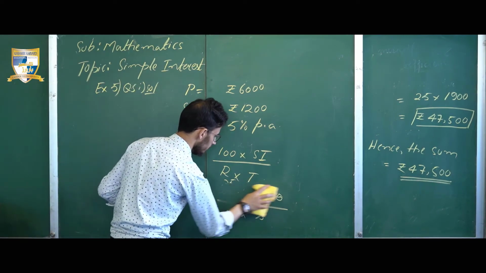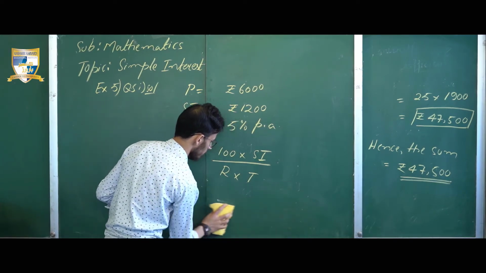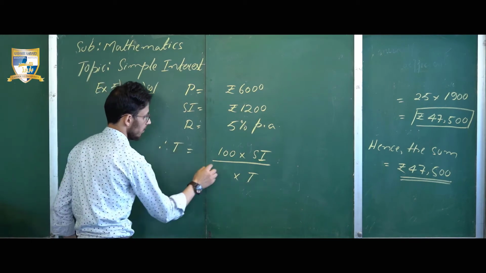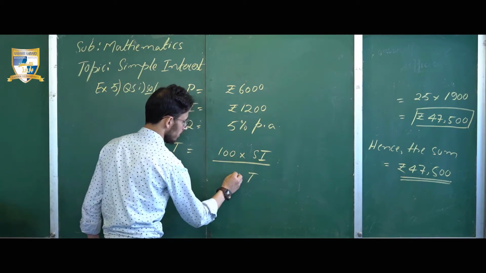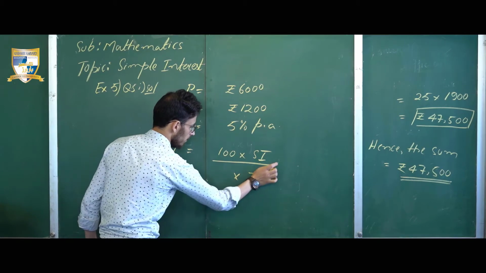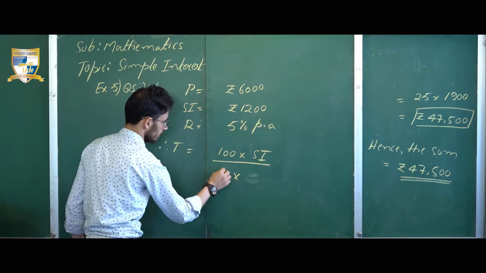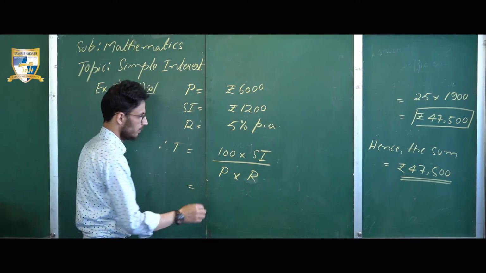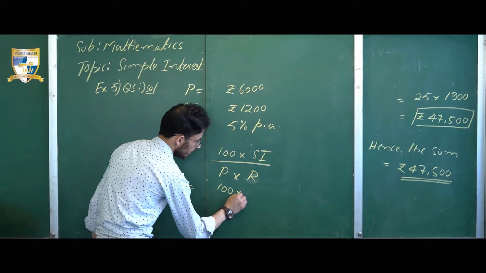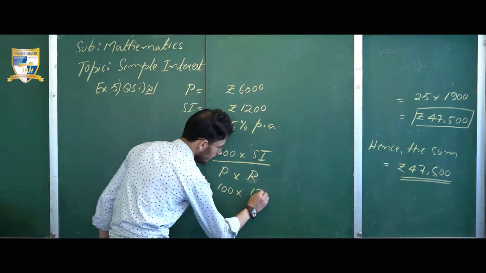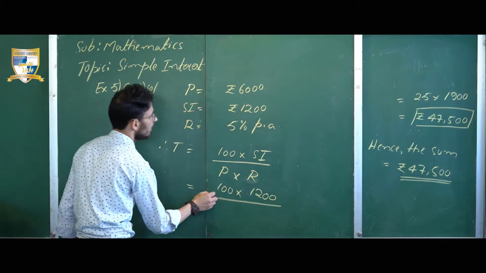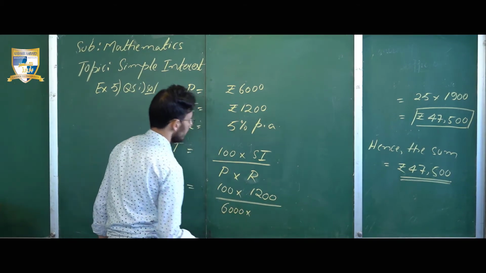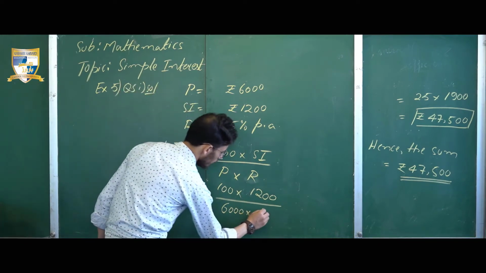To calculate time, our formula will be: time is equivalent to 100 multiplied by simple interest upon principal multiplied by rate of interest. So that is 100 multiplied by simple interest, which is given, 1,200, upon principal, which is equivalent to 6,000, multiplied by rate, which is equivalent to 5.